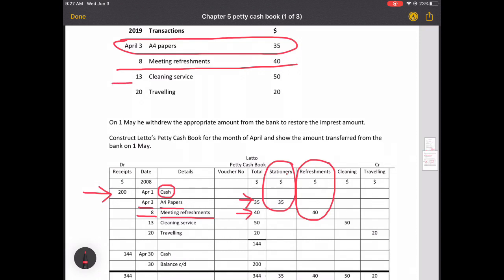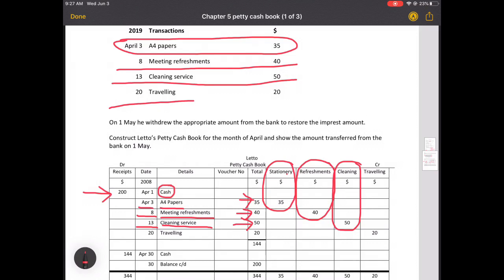The third one, cleaning services. So maybe you paid someone to clean the office. I'm going to record that here, April 13, cleaning service, and it will be recorded in the cleaning column. Again, there's only one transaction that day, so the total will only be 50.